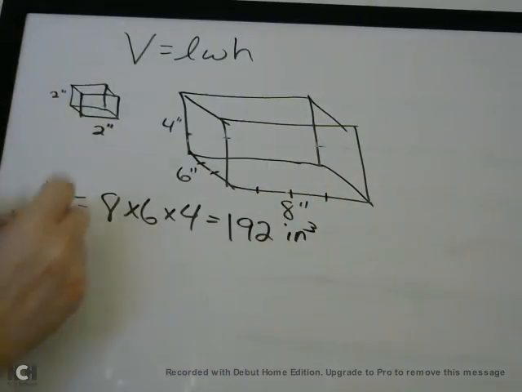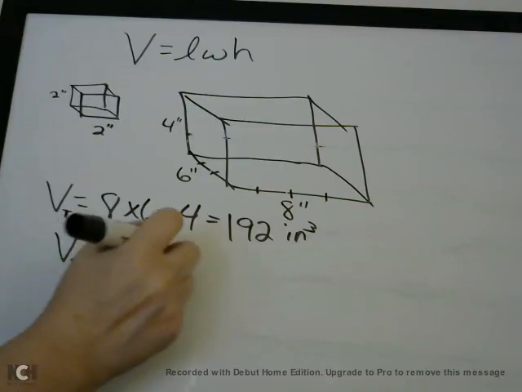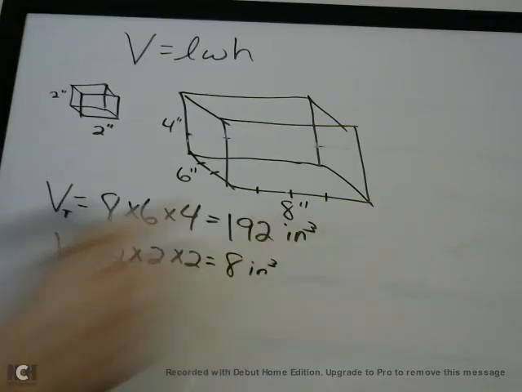And then the volume of one block, so this is of the toy box, this is of the block, is 2 times 2 times 2 equals 8 inches cubed.